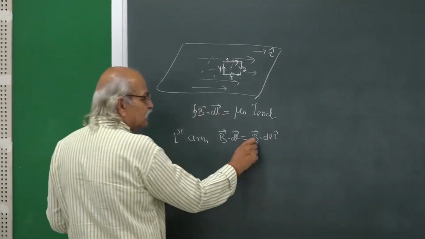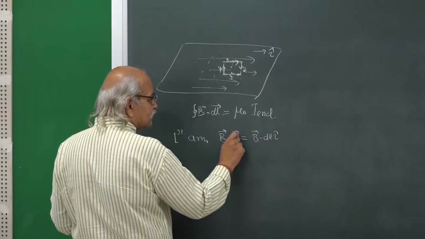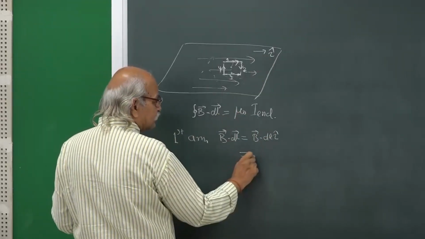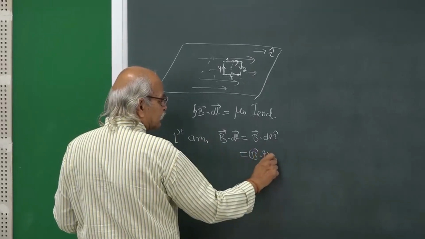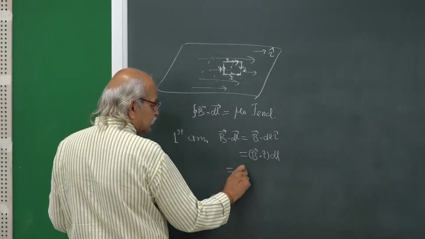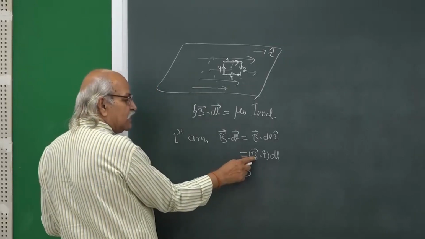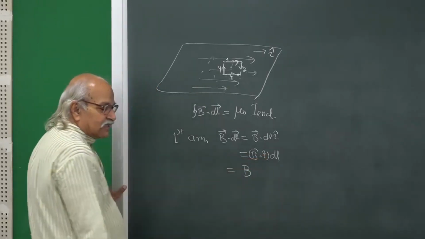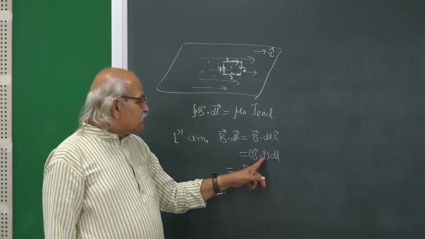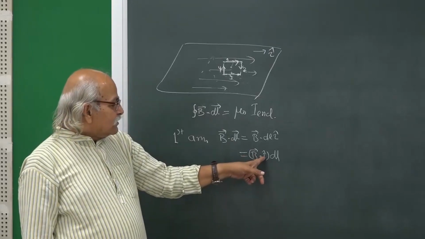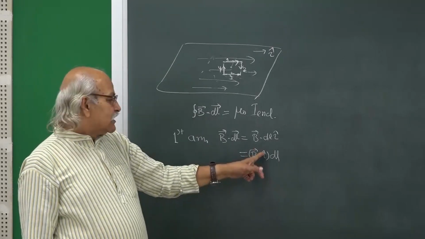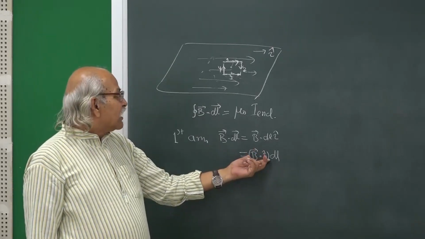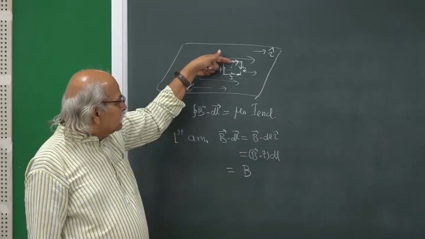The dl vector is dl i cap, so this is B dot i cap times dl, and this is the component of B in the i cap direction. When you take the dot product with a unit vector, you get the component of the vector in that direction. So, this is the component of magnetic field B in this direction.